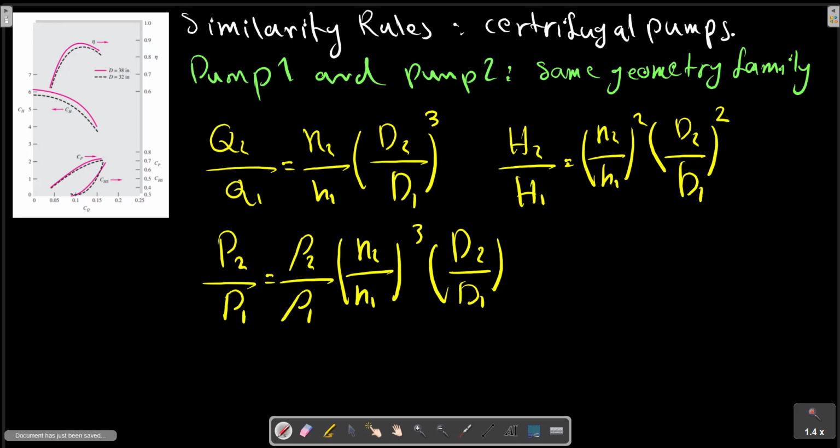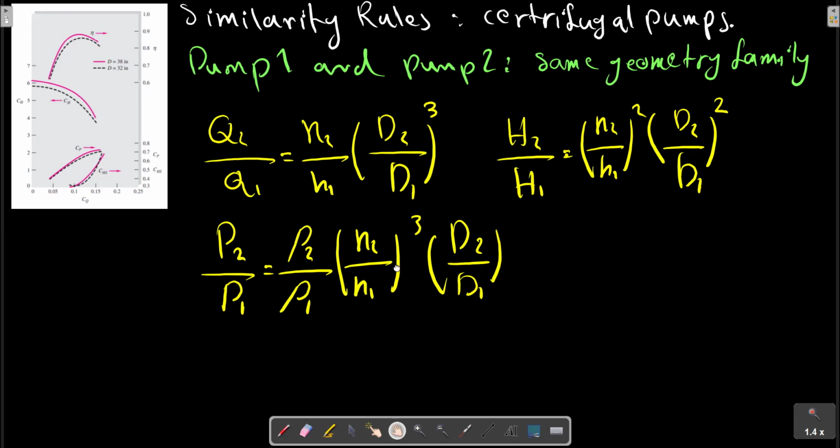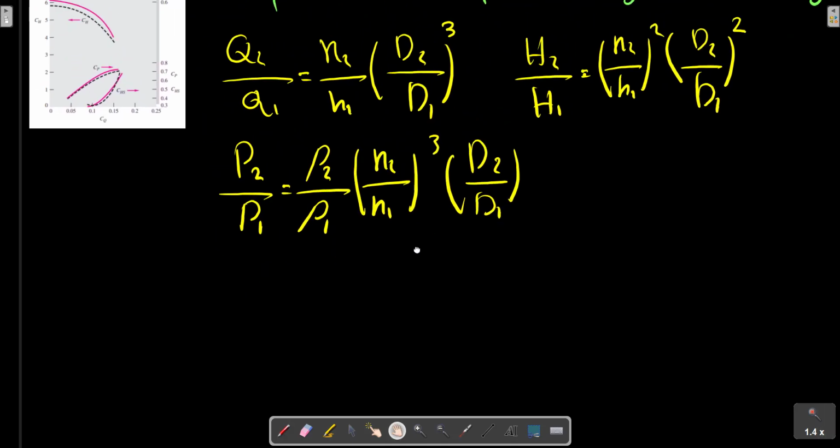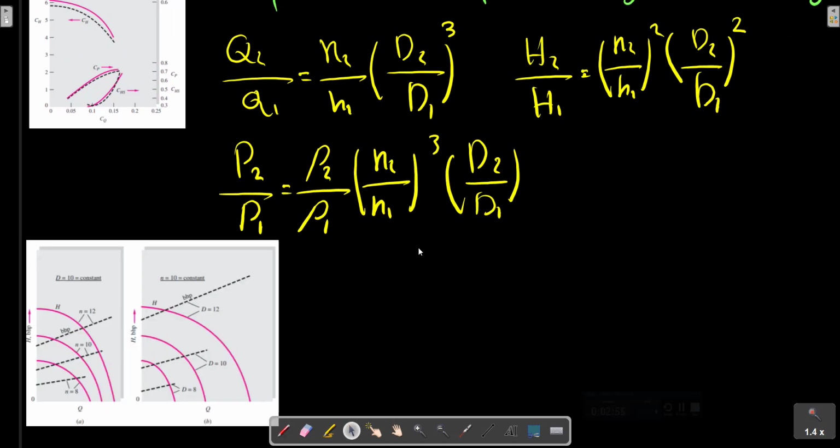A graphic display of this rule is given in this picture, showing the effect of speed and diameter change on pump performance for the various diameters and speeds.